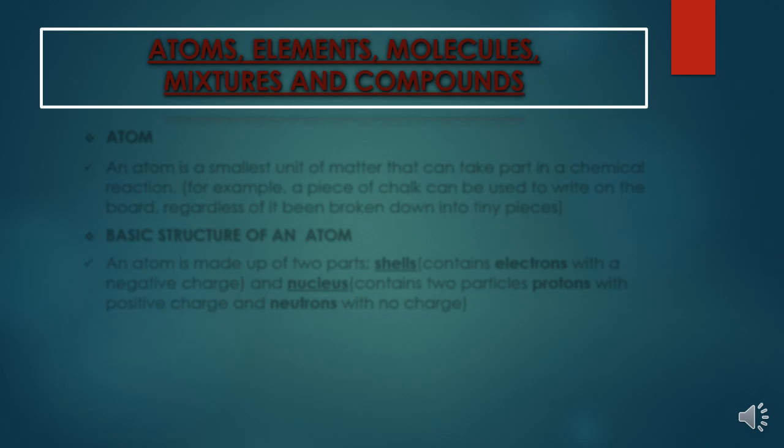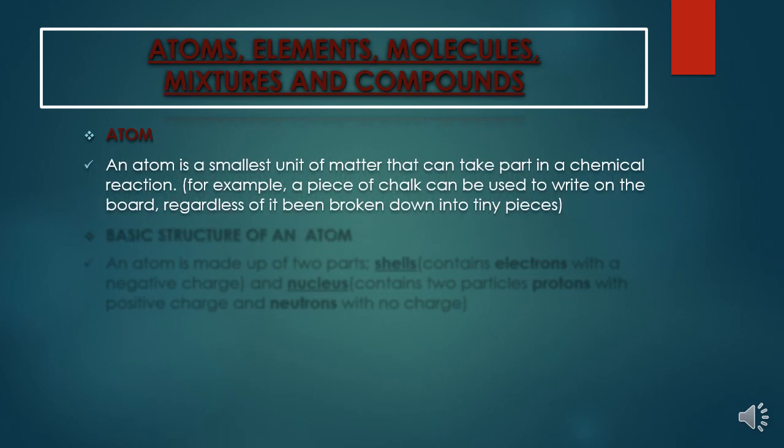So the first thing that we have to know is that we need to be able to understand or define an atom. So what can be an atom? An atom is actually defined as the smallest unit of matter that can take part in a chemical reaction. So let me give an example, a simple illustration of a chalk. If you have a piece of chalk, and we already know that a piece of chalk is used to write on the board, isn't it?